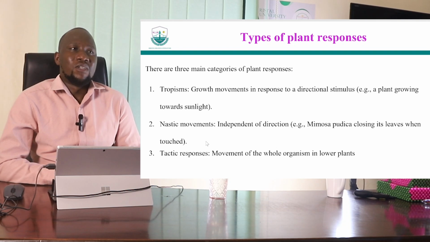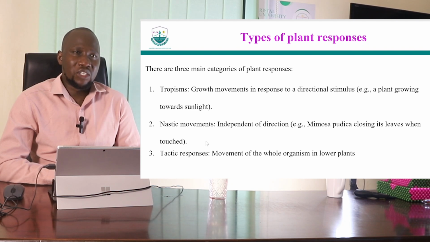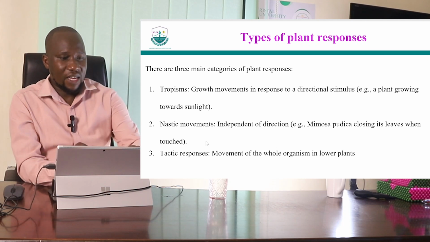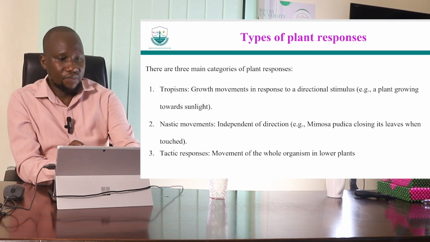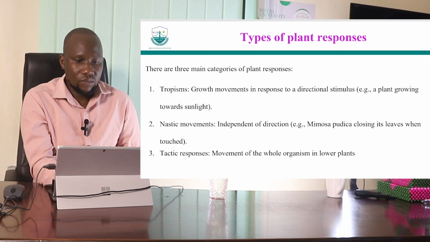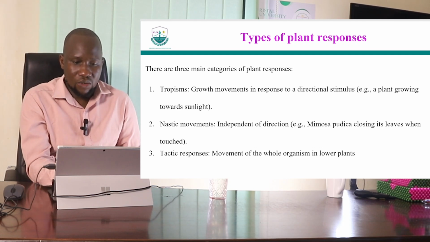Okay, so the plant can grow towards a directional stimulus, or away from a directional stimulus, and that is what we call tropisms. So the keywords, if I can highlight them here on the screen: directional stimuli.